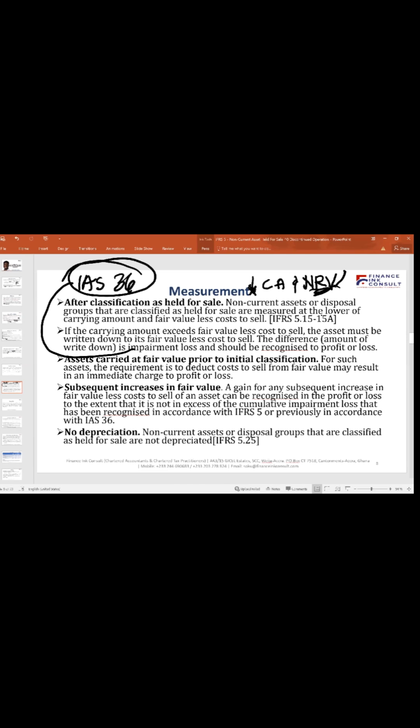But because we are not looking into IAS 36 deeply, let's assume our recoverable amount is our net realizable value. If our carrying amount is higher than this, we would write it down to net realizable value, and the difference will be treated as an expense in our P&L.